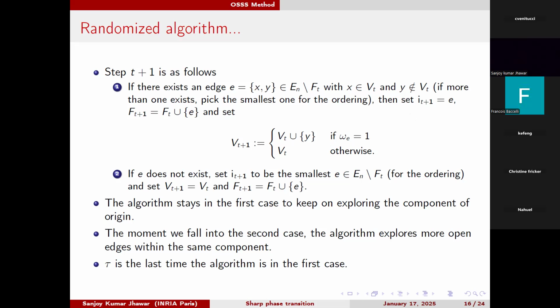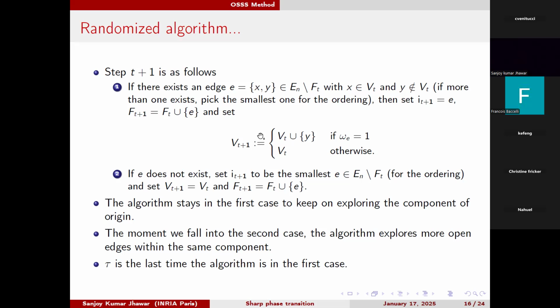So that means you update your set of vertices with a certain probability, and you don't update with the rest of the probability. You can define the stopping time to be the last time when you are in the first case.